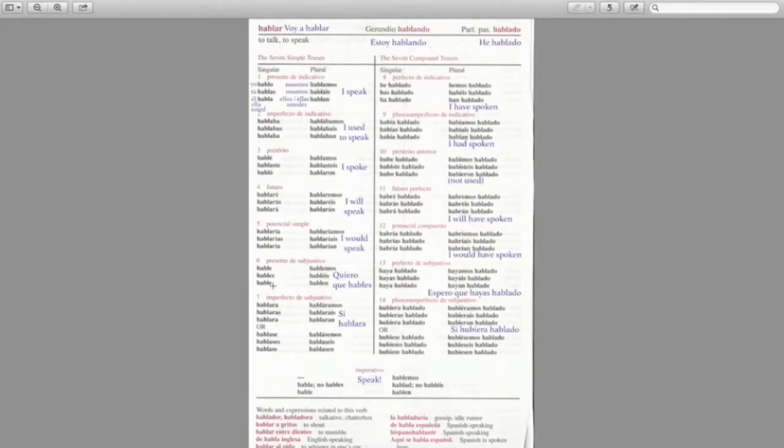Section 7, the past tense of the subjunctive. The main way that this works is this. I've put si hablara here. So si means if, and then you need to use the form hablara or hablase. I always just use hablara to mean if I did this thing.